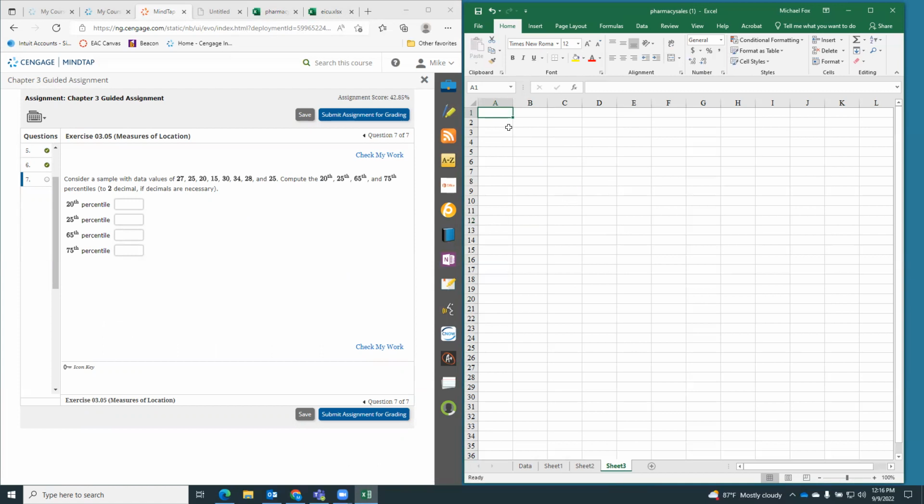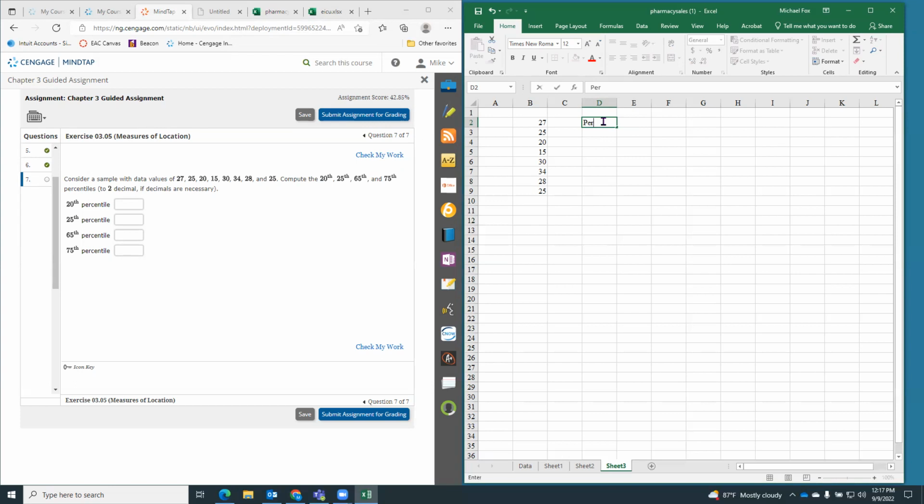And again, we have to just type them in. 27, 25, 20, 15, 30, 34, 28, and 25. And now it wants us to compute the 20th percentile of each of these points, or of this data set.